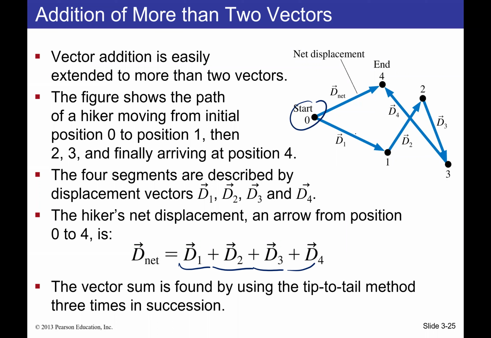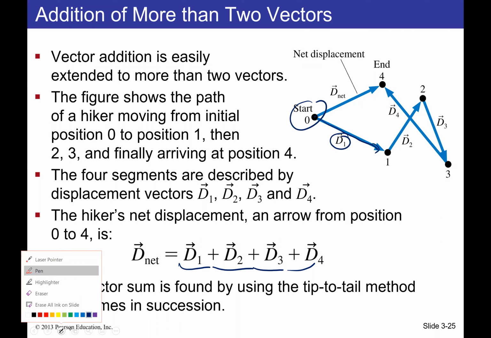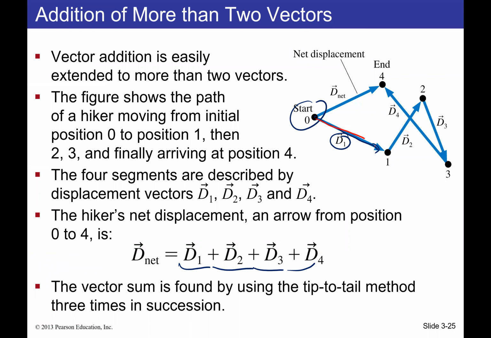Let's say this is D1. Then I have another vector, D2. I move D2 so its tail is connected to the tip of D1. Remember, tail connected to the tip, tail connected to the tip, tail connected to the tip. That's how it works. Here's D2, and then here's D3, connected tip to tail, and then finally here's D4.